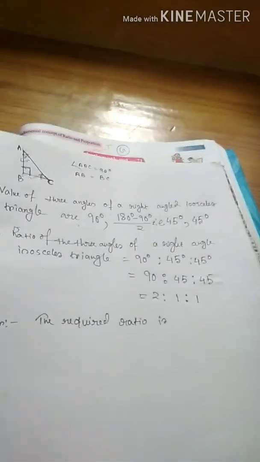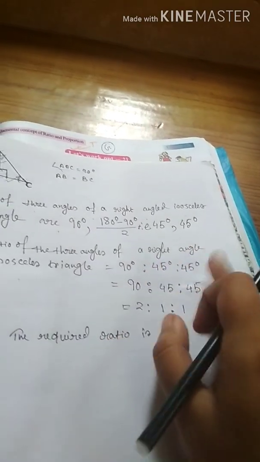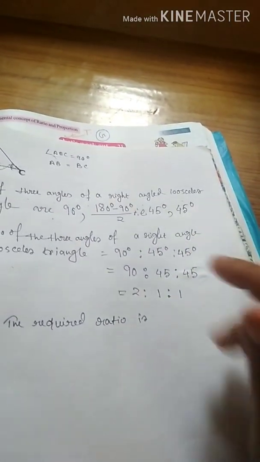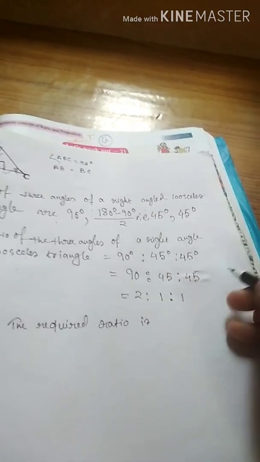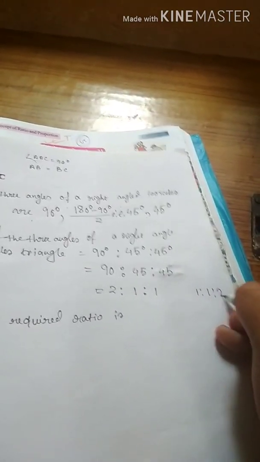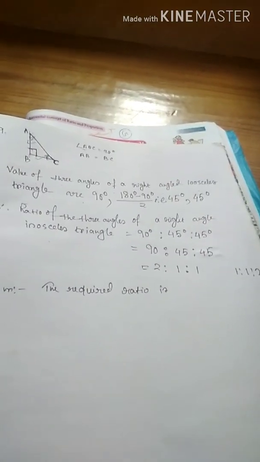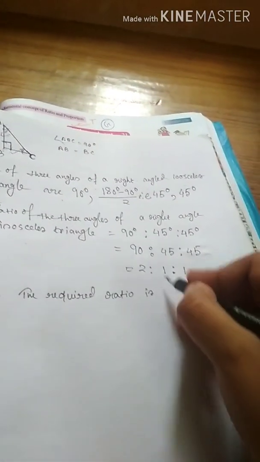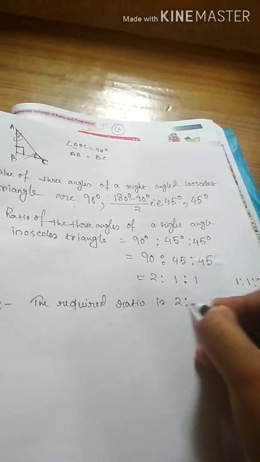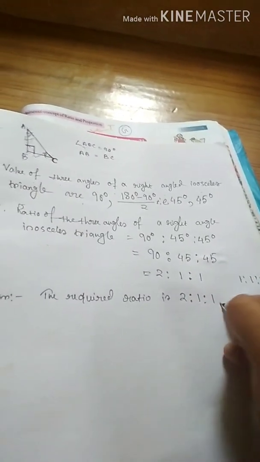If you write like that, 45, 45, 90, that is also right, and then the answer will come 1 ratio 1 ratio 2. Whatever you write, you can write that. So the final answer is, the required ratio is 2 ratio 1 ratio 1.